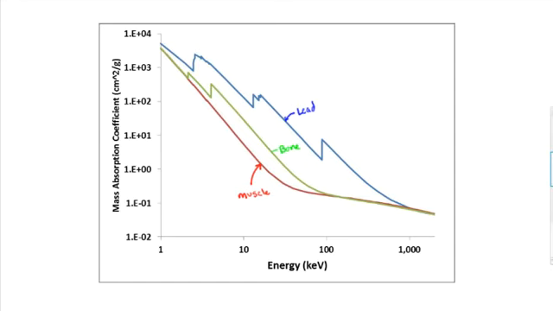So let's look at these three curves again and talk about the interpretation for a minute in terms of clinical application. First of all, concentrating in the diagnostic imaging range, let's say below about 100 keV, as you go to lower energies, and you can control the energy of the X-ray source, the absorption is going to be higher.